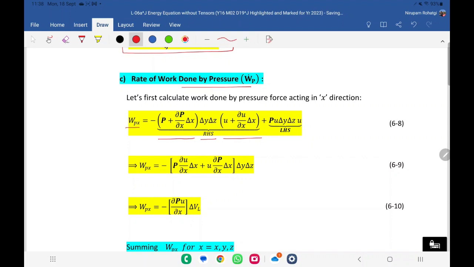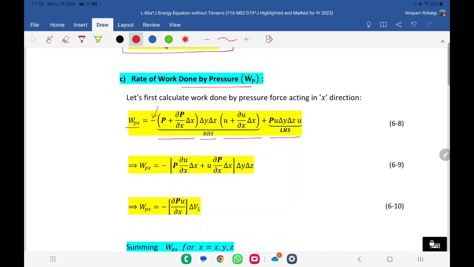This will be on the right hand side. So pressure is working on the right hand side. Because the velocity is positive direction, this work is minus. So the pressure on the right face is doing negative work. It is extracting work. Pressure on the left face is in the direction of velocity. So it is doing positive work into the system.